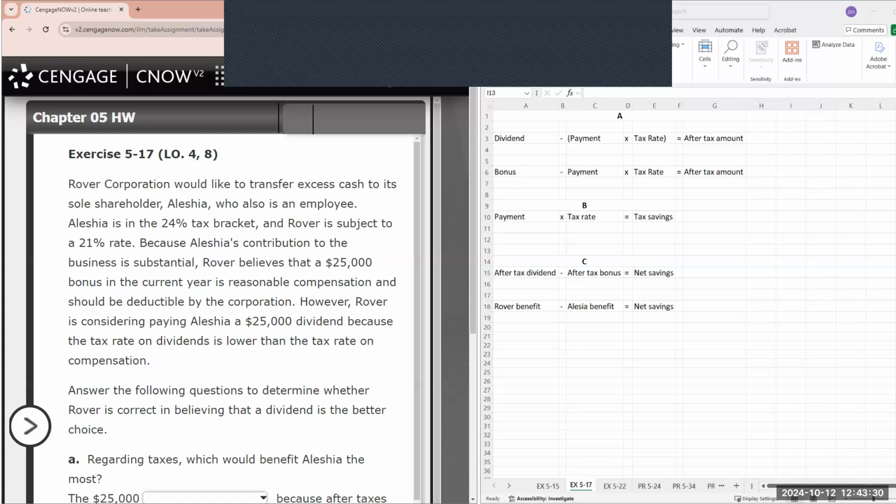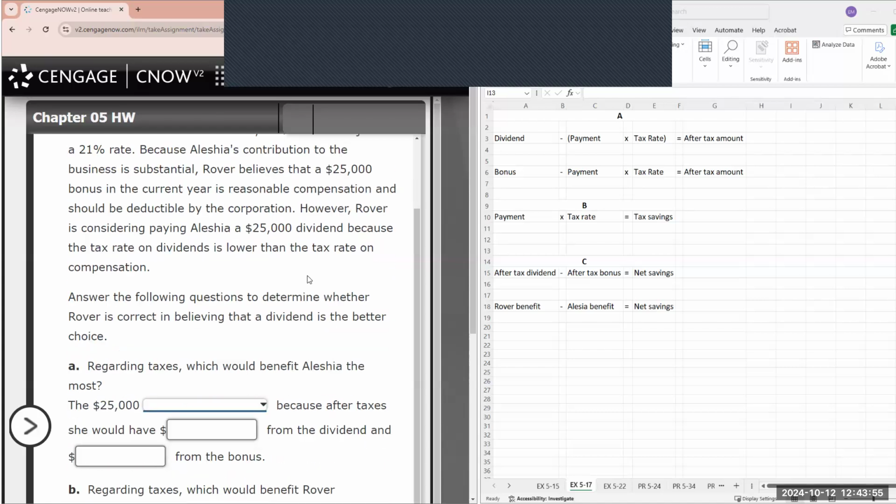Because Alicia's contribution to the business is substantial, Rover believes that a $25,000 bonus in the current year is reasonable compensation and should be deductible to the corporation. However, Rover is considering paying Alicia a $25,000 dividend because the tax rate on dividends is lower than the tax rate on compensation. So here it asks for A, regarding the taxes, which would benefit Alicia the most?